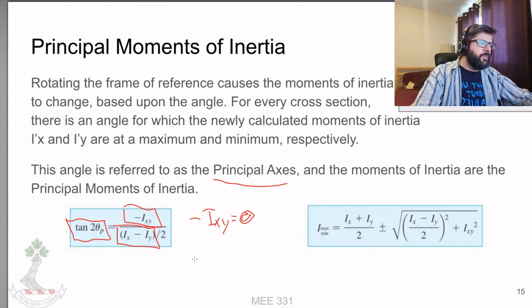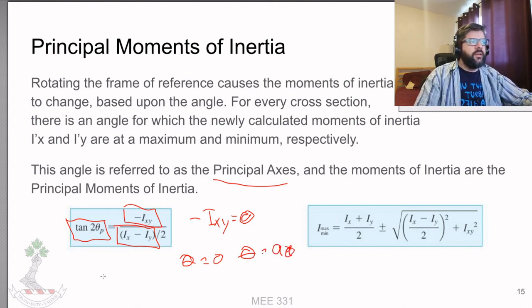That's going to happen at theta equal to 0, and it's also going to happen at theta equal to 90 degrees. Because your tan is only going to be 0 at 0 degrees and at 180 degrees.